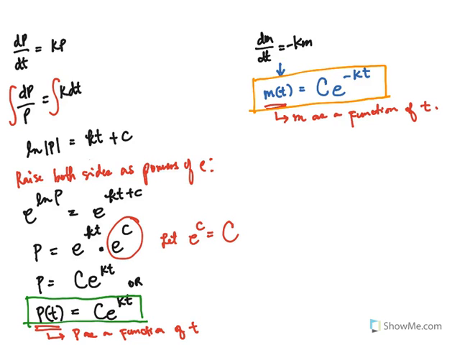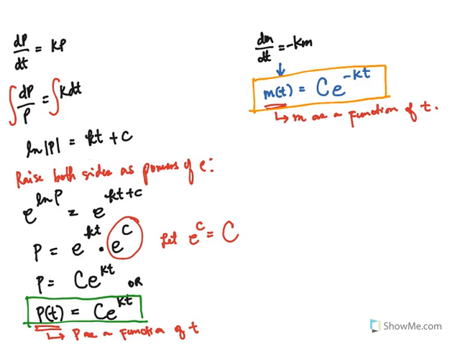Now, yung c natin na to, which is the arbitrary constant that we obtain from the integration of our separable differential equation, we can actually assume always, because remember, the problem should contain either initial conditions or, most of the time, boundary conditions.